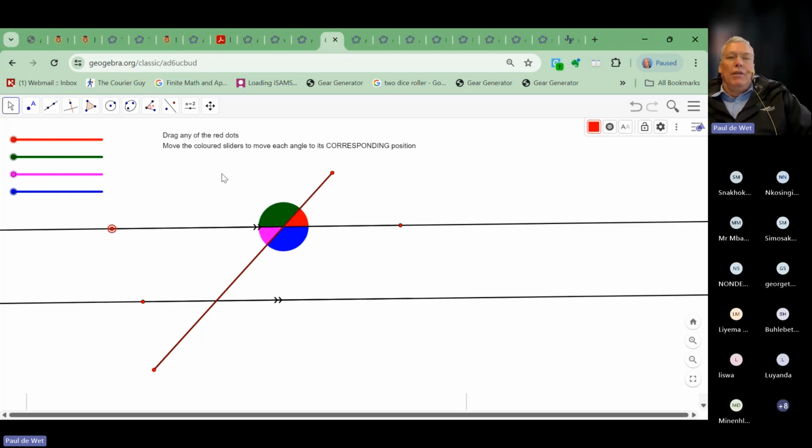Now, this red angle, and I want to show you what happens when I slide this. Those angles are what we call corresponding angles. Okay, and these green ones are corresponding angles. And these pink ones are corresponding angles. And the blue ones are too. Okay, and corresponding angles, guys, are equal when the lines are parallel. They're not always equal, but they are equal when the lines are parallel.